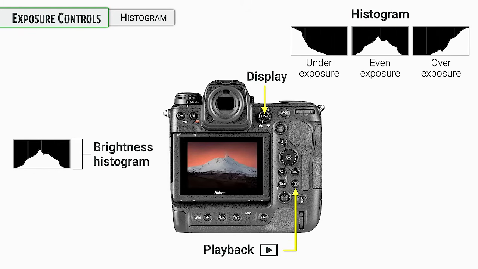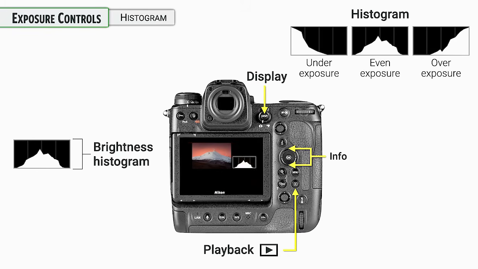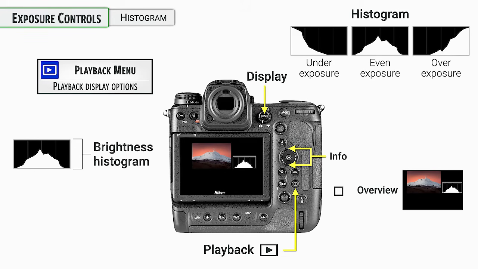Now you can also use this in the playback mode. So once you've taken an image, you can hit playback and you can see a histogram for that particular image. By pressing up and down on the four-way control on the back of the camera, you can pull up and see more information. But for some crazy reason, Nikon does not allow this straight out of the box.